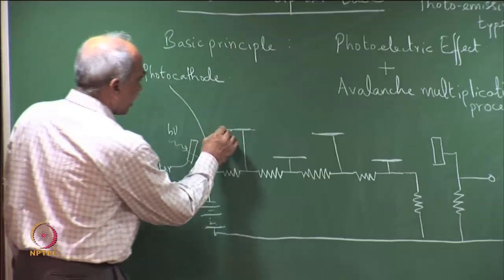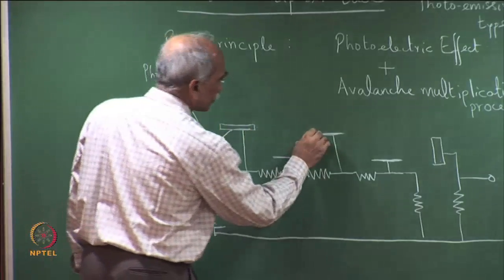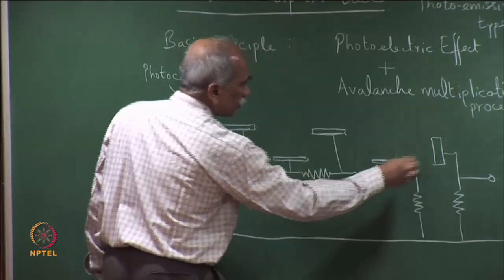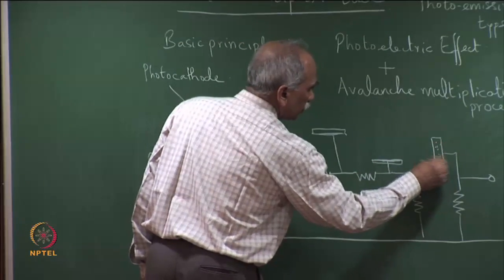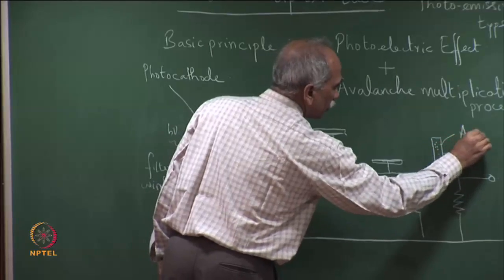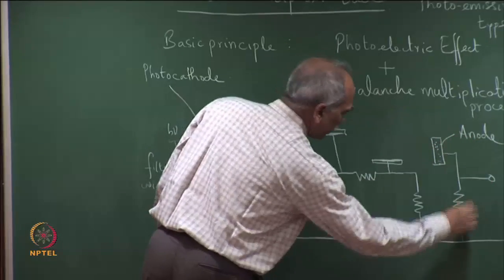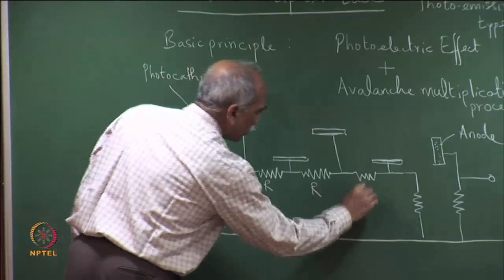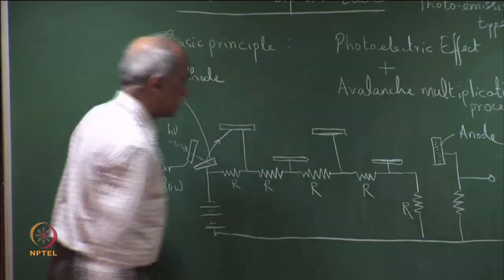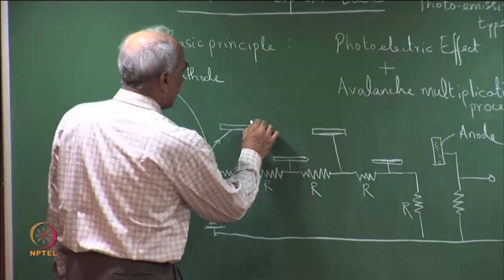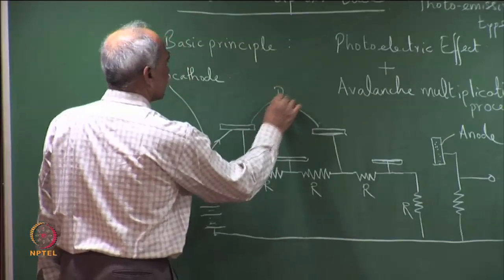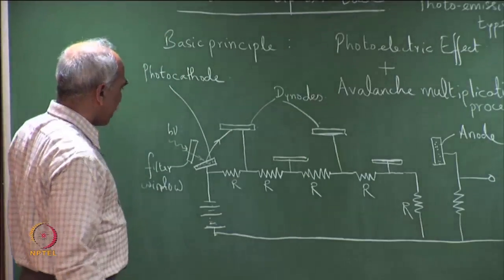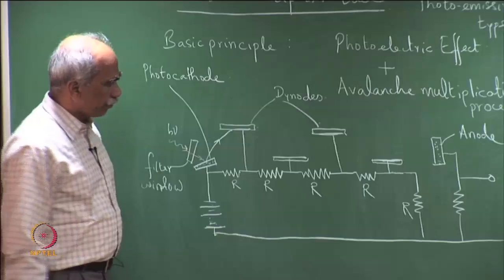As you can see, these are the dynodes, this is an anode, and these are resistances, all equal resistances R, R, R, R. This is a schematic representing the operation of a PMT.